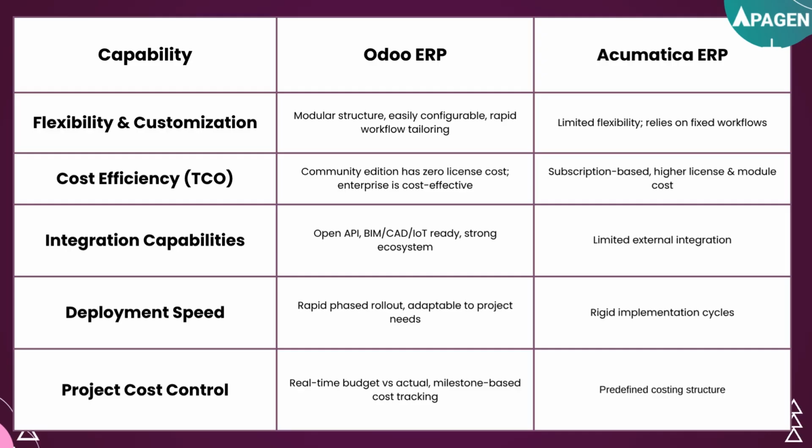For project cost control, cost overruns are common in the EPC industry and real-time control is crucial. In this case, Odoo has a real-time budget versus actual comparison. It also has milestone-based cost tracking, while Acumatica has a predefined costing structure.